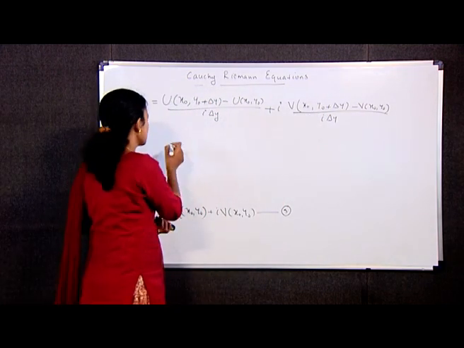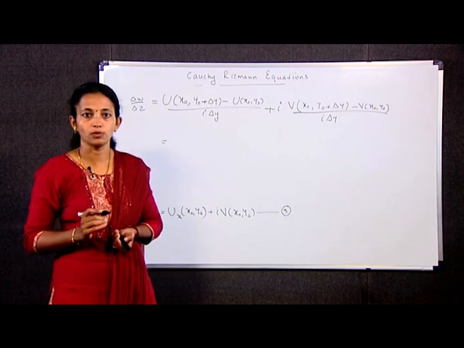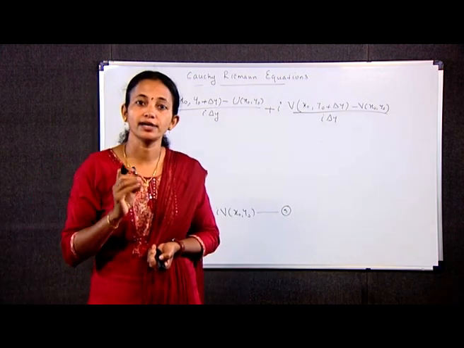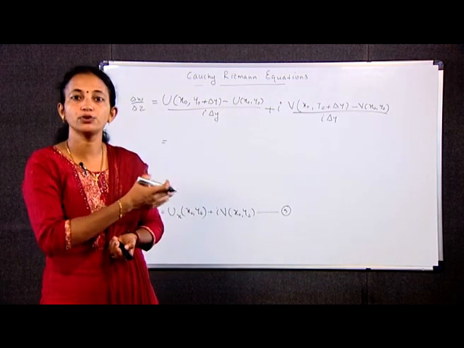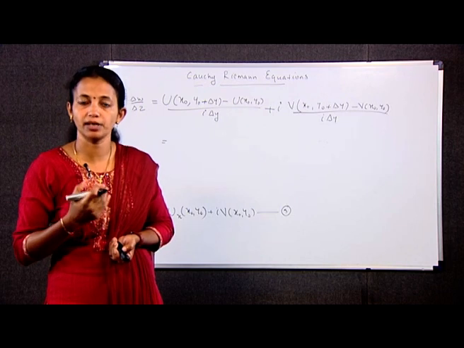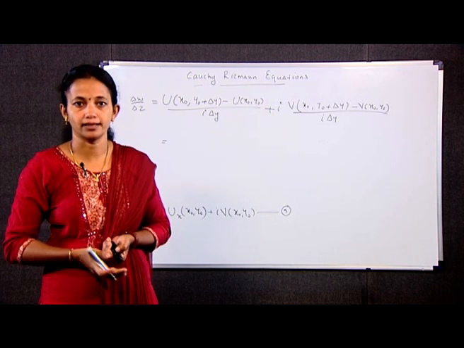This I can write as v(x naught, y naught plus delta y) minus v(x naught, y naught) minus i into u(x naught, y naught plus delta y) minus u(x naught, y naught), by delta y.